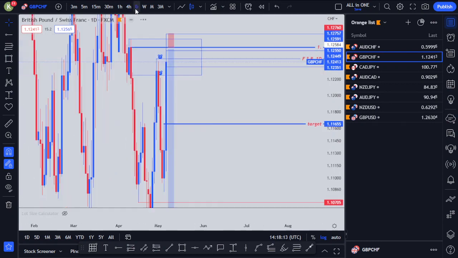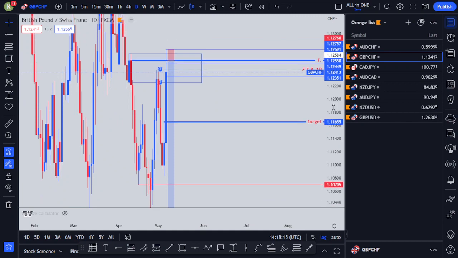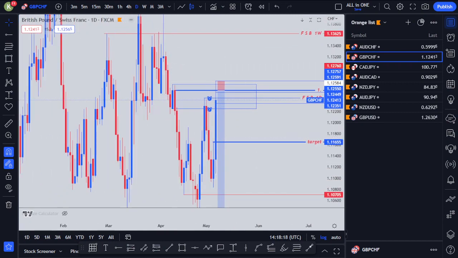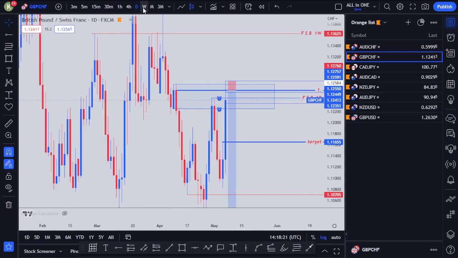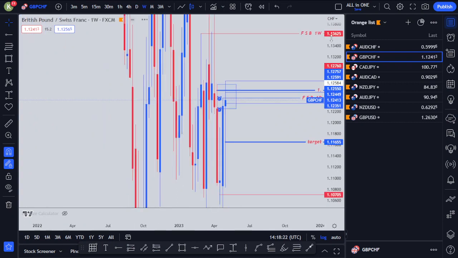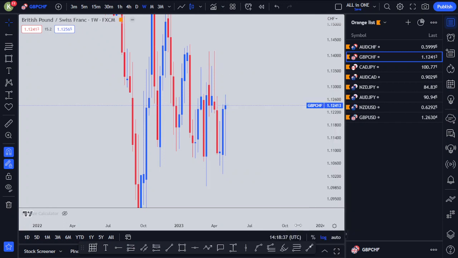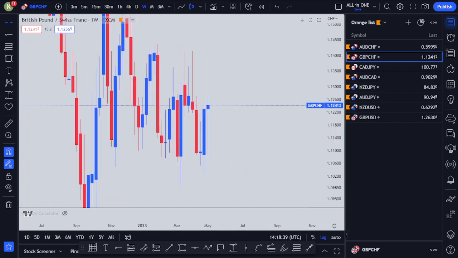When you look at GBPCHF, look at GBPCHF critically, and you go to weekly time frame, you can see that GBPCHF, let me remove everything. GBPCHF is giving us a bearish bias.